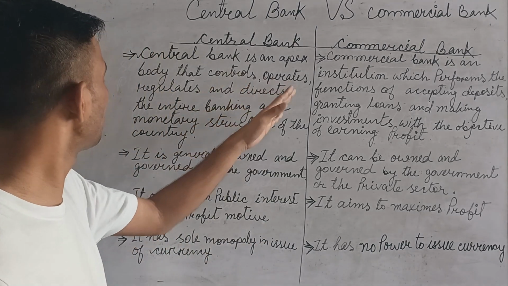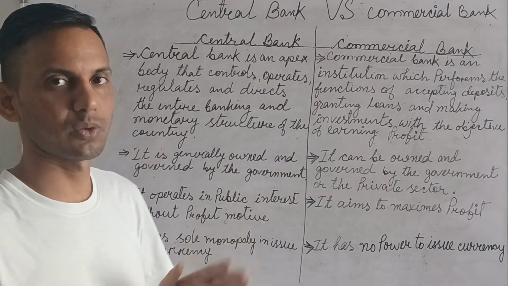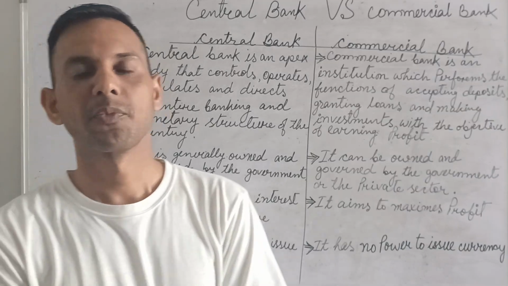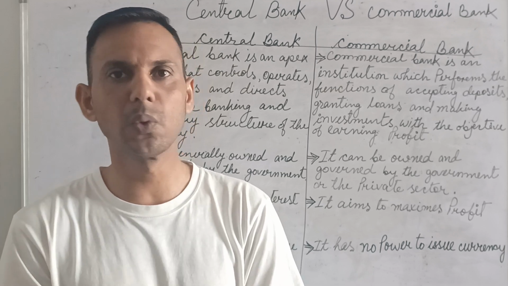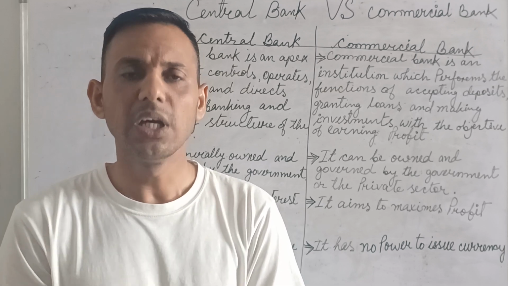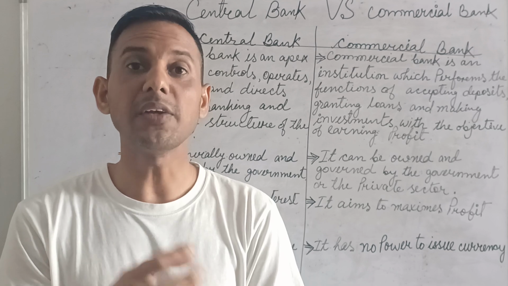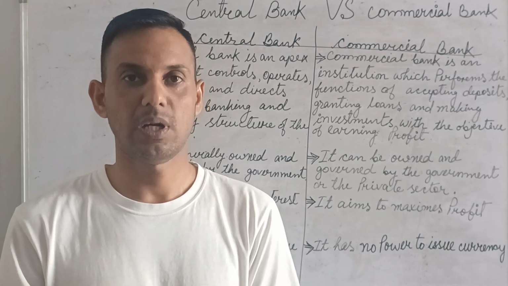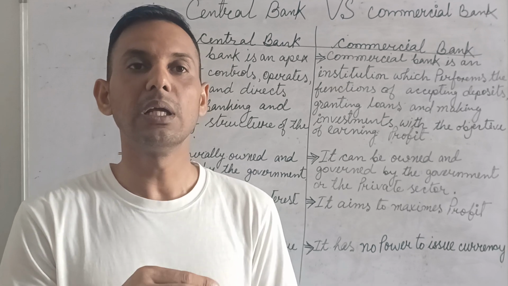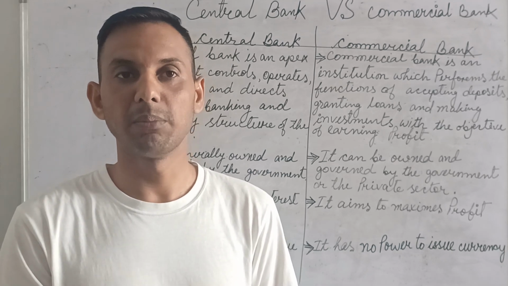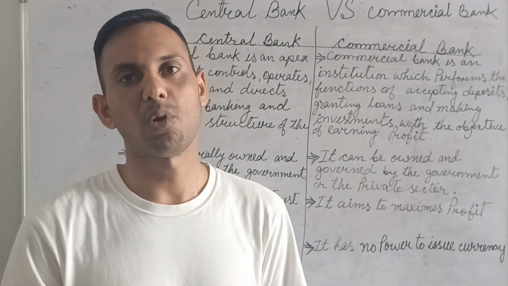For example, suppose commercial banks are trying to give more loans to the public. We know that it creates problems in society. At that time the RBI tries to control the commercial banks so that they provide less credit to the public and it can solve the problems.